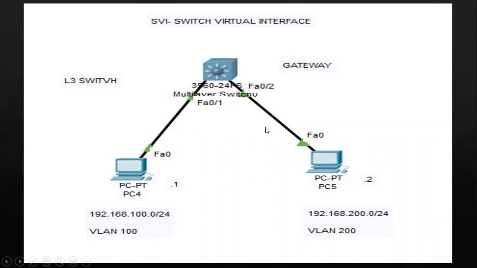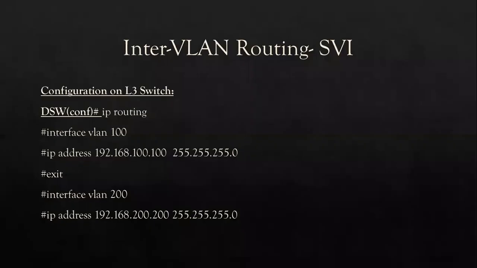For SVI, we do not need any additional router because it's a layer 3 switch and it has the features of IP networking and routing. It can support layer 3 functionalities, so we can configure inter-VLAN routing on the layer 3 switch itself. The configuration for SVI is this. On the layer 3 switch, we configure IP routing.